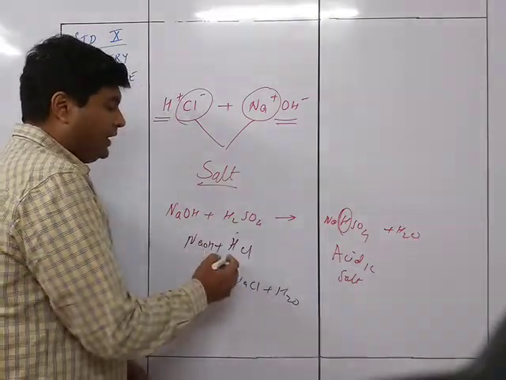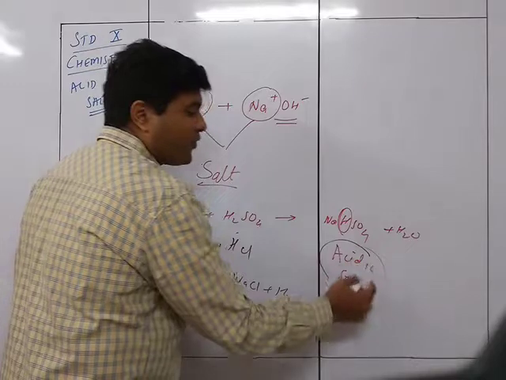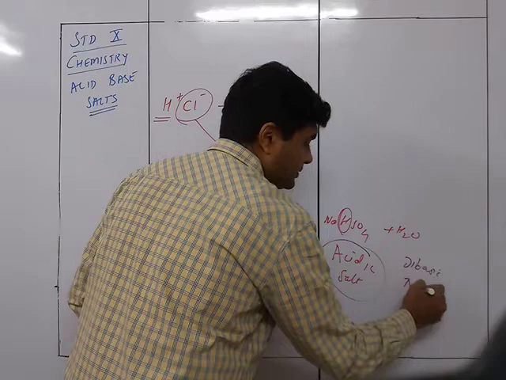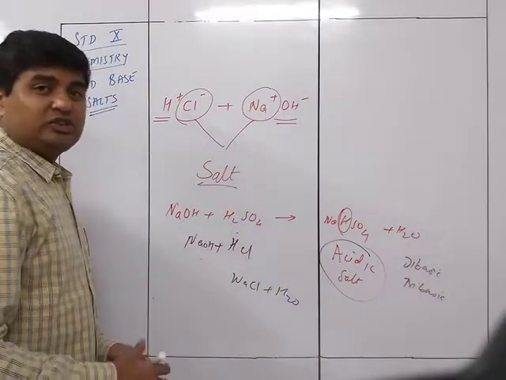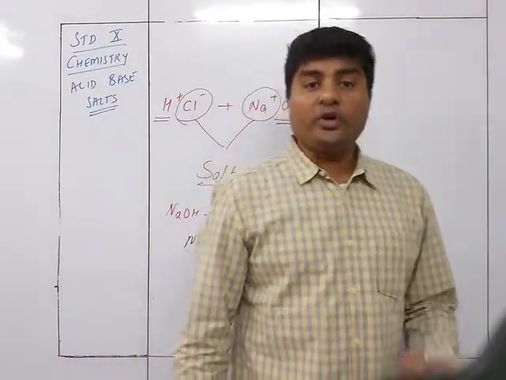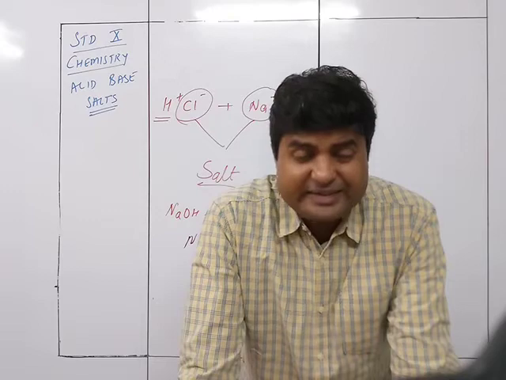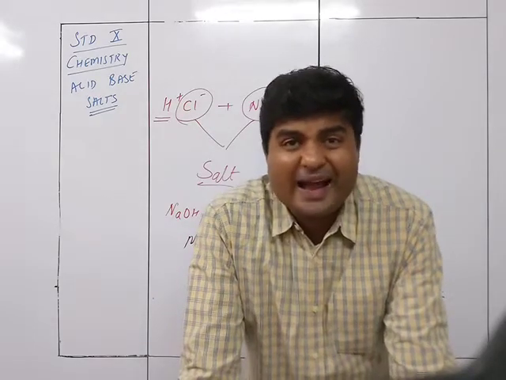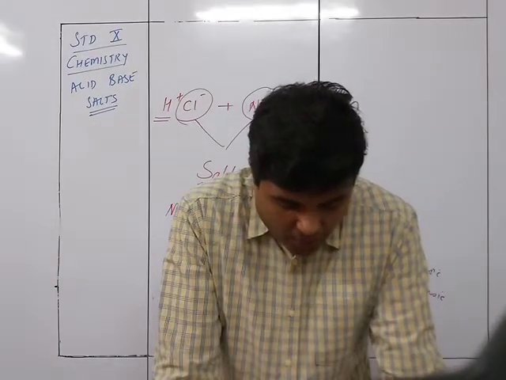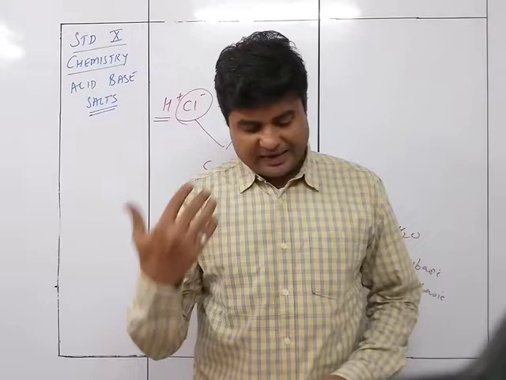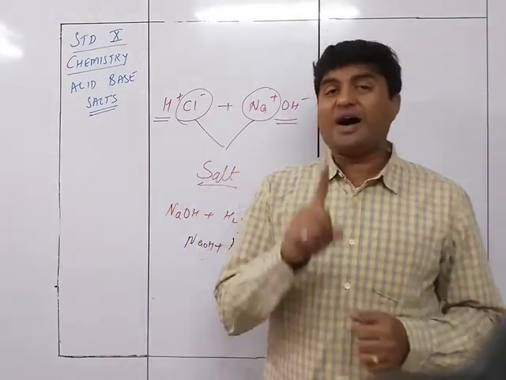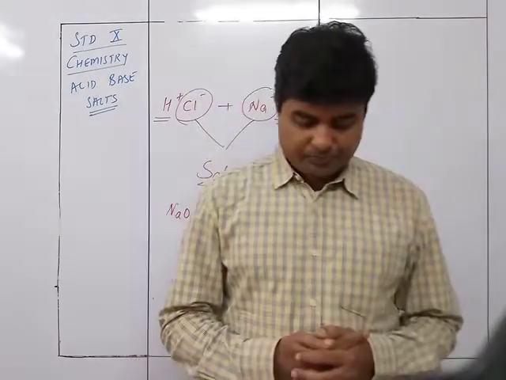So acidic salts are formed only by dibasic or tribasic acids. H2SO4, yes, it can form. H2CO3, yes, it can form. H3PO4, it can form. Acidic salt is not formed by HNO3, HCl, CH3COOH because they have only one replaceable hydrogen ion.